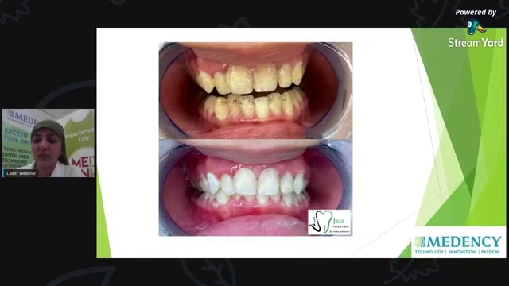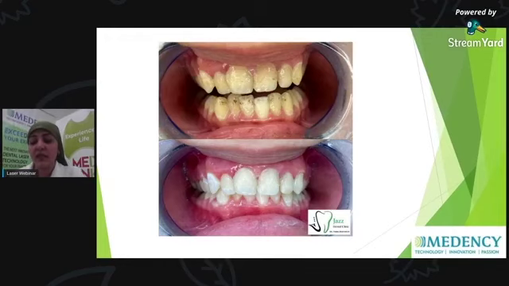And here you can see, I know from the indications of using bleaching in general, not only for diode laser, that if the patient has restorations, you should change the restorations. So this patient had many restorations in her upper teeth, the centrals, laterals, and canines. By the way, I think the left canine has a restoration.